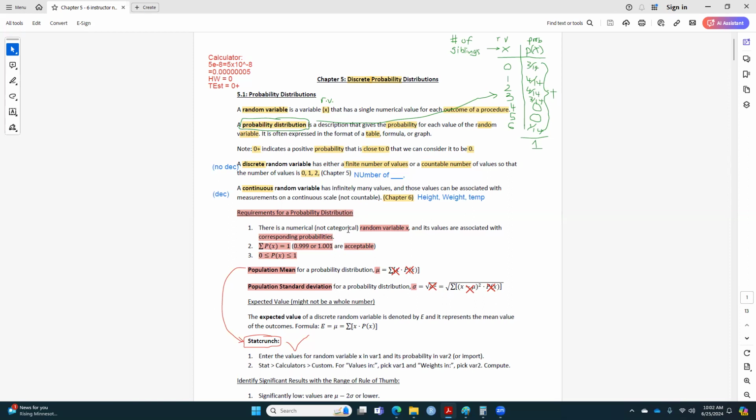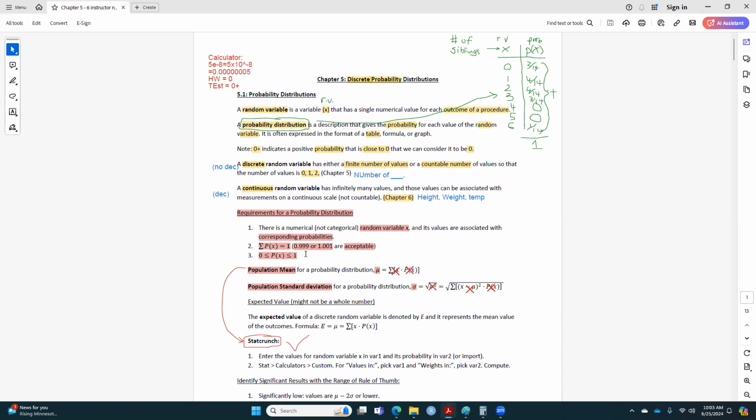The first requirement is that every random variable x must have its probability. So like the 0 must have a probability. The second requirement is that the sum of the probabilities is 1. This big sum sign means summation, so when you add all these probabilities up, you should get 1.